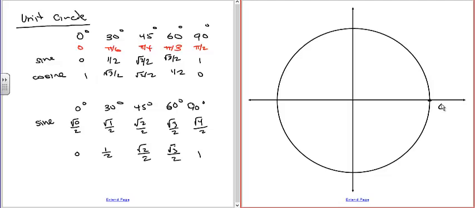So this again is 1 comma 0. This is negative 1 comma 0. This is 0 comma 1. This is 0 comma negative 1.